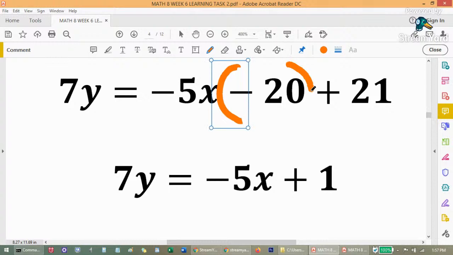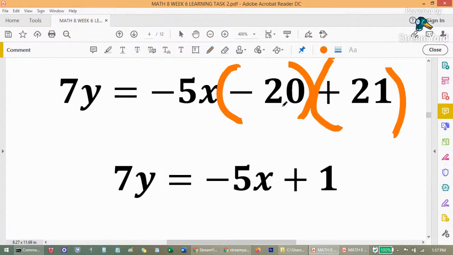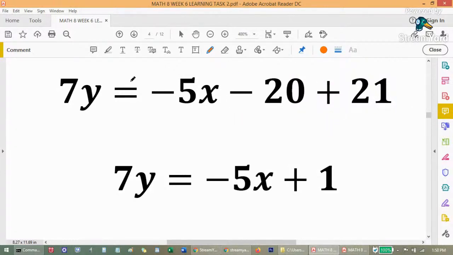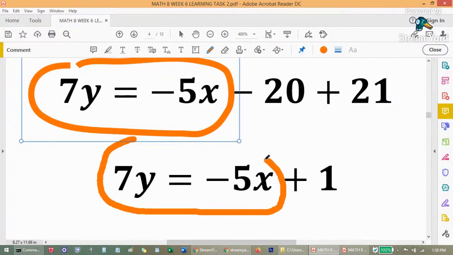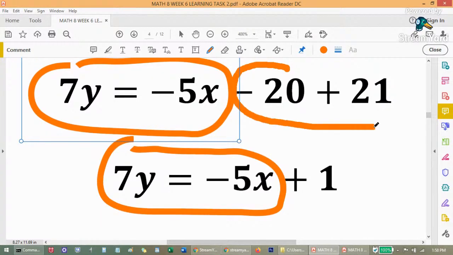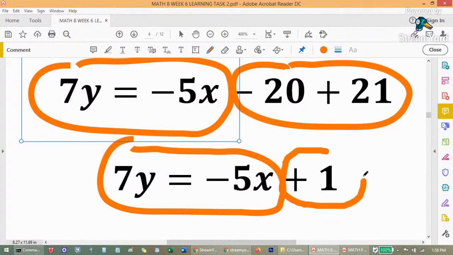Kung multiplication naman, negative times positive, ang sagot nito is negative, kasi magkaiba sila ng sign. Okay, so again, 7y is equals to negative 5x, and this is 21 minus 20 is positive 1.